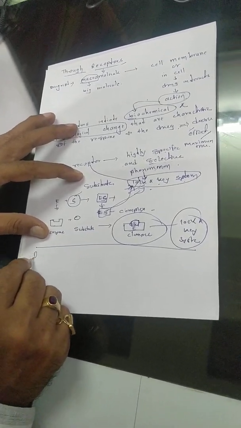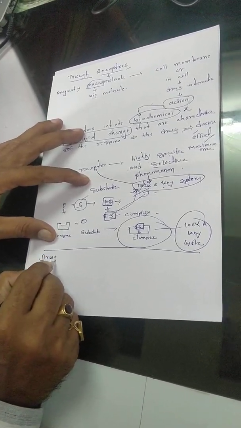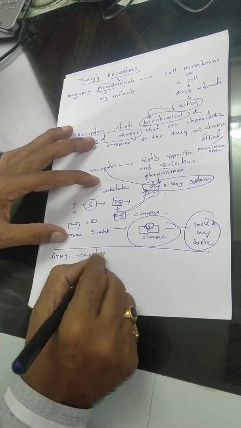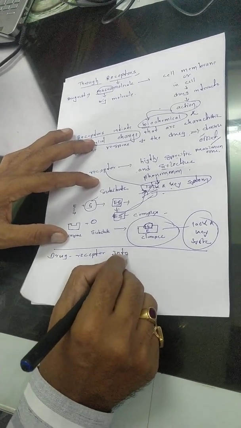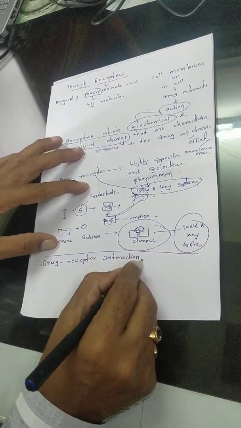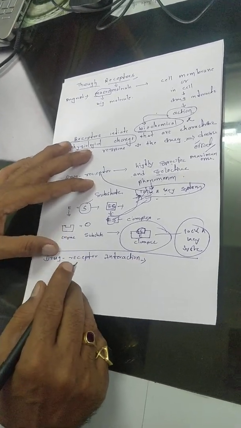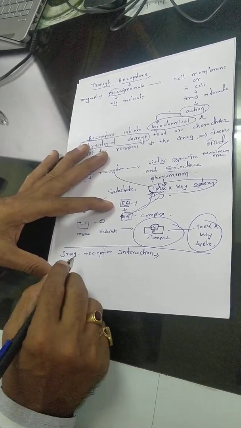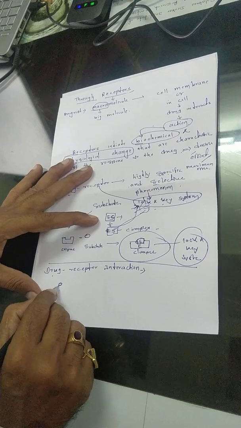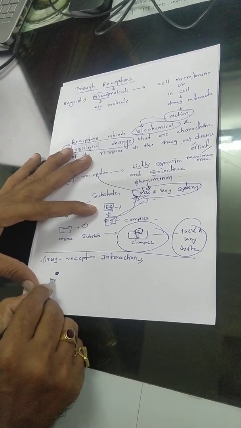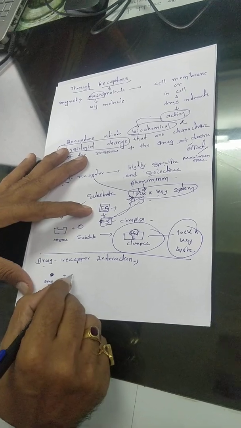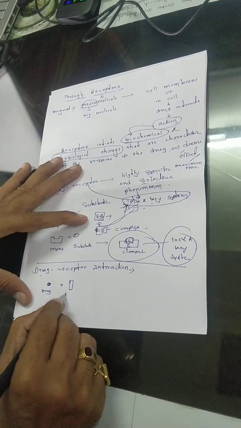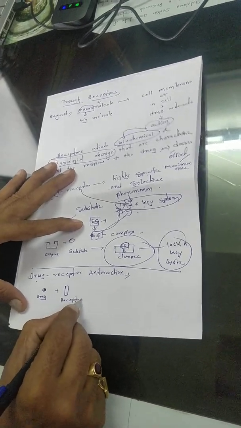Now let us look at drug receptor interaction. First the drug interacts with the receptor, then they produce the effect. Here is the drug and here is the receptor.